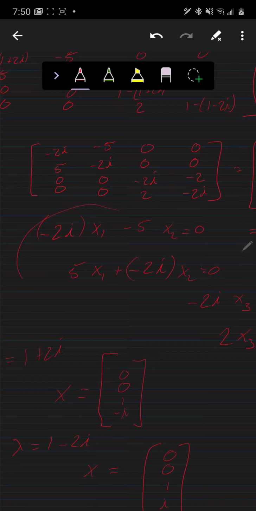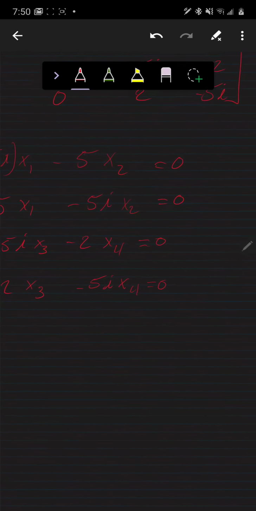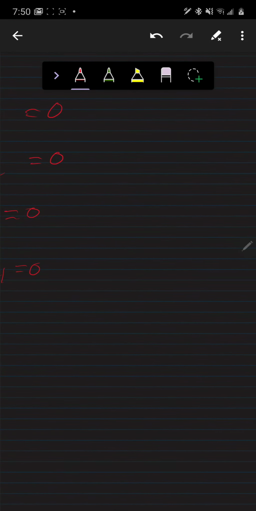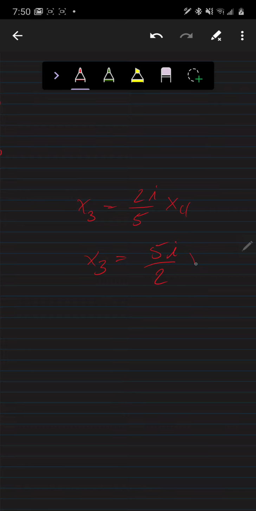I don't know if you can see it, but the equations are going to be the same. Not the same, but for x3, I'm going to have 2i over 5 x4. Then x3 equals 5i over 2 x4.